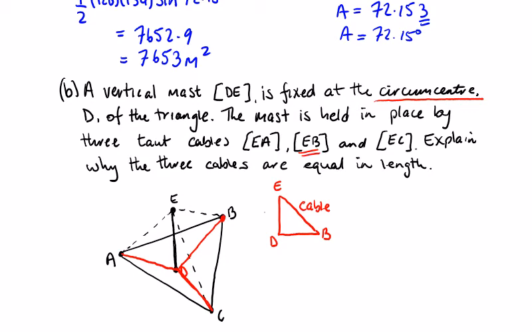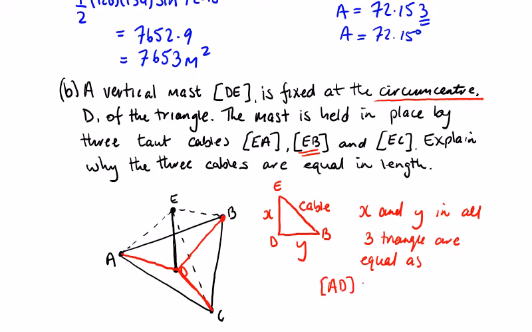So this is X, and this is Y, and X and Y in all 3 triangles are equal as, and you can say here, the distance A to D, AD is equal to DB or BD, which is equal to CD, and ED is same in all 3.